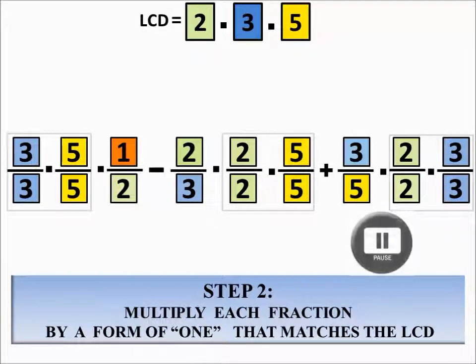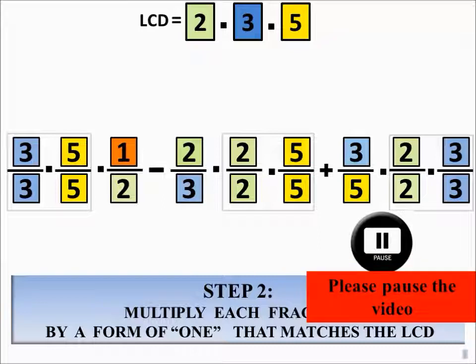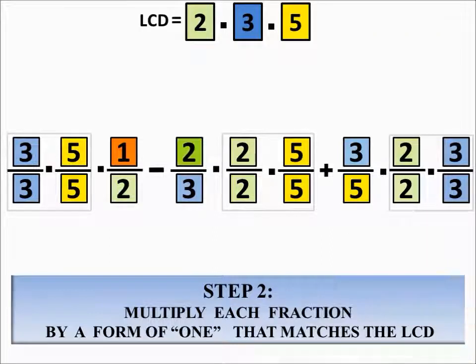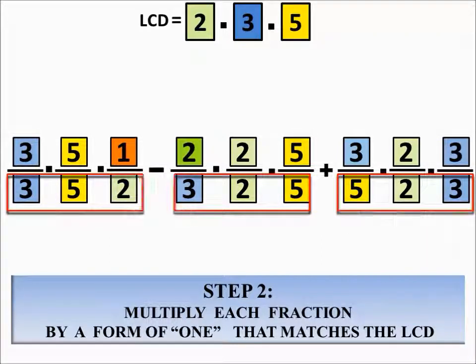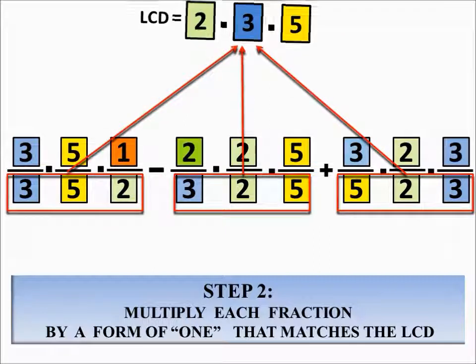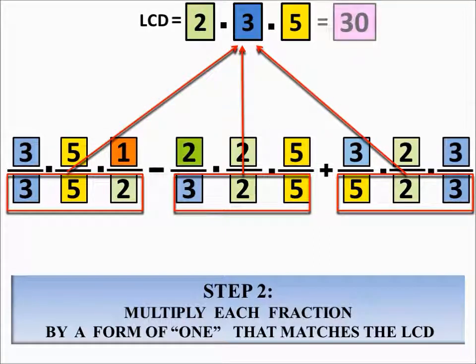Feel free to pause the video if you need more time to observe the forms of 1 used in this example. Observe that the product of the factors in the denominators are equal to 30.